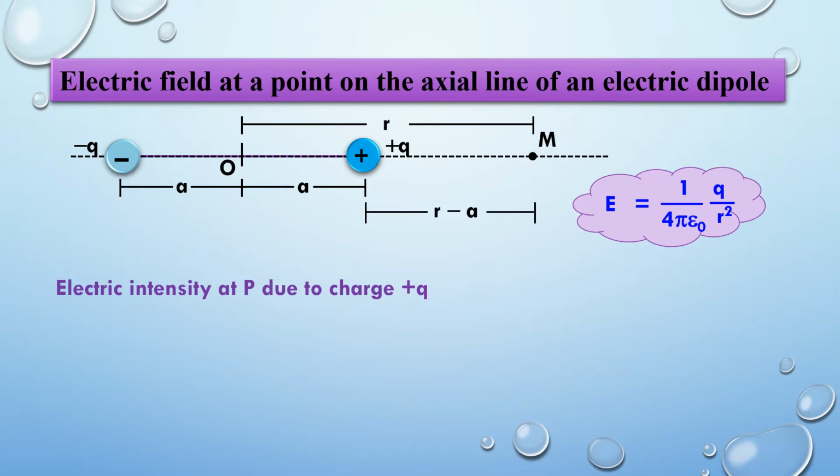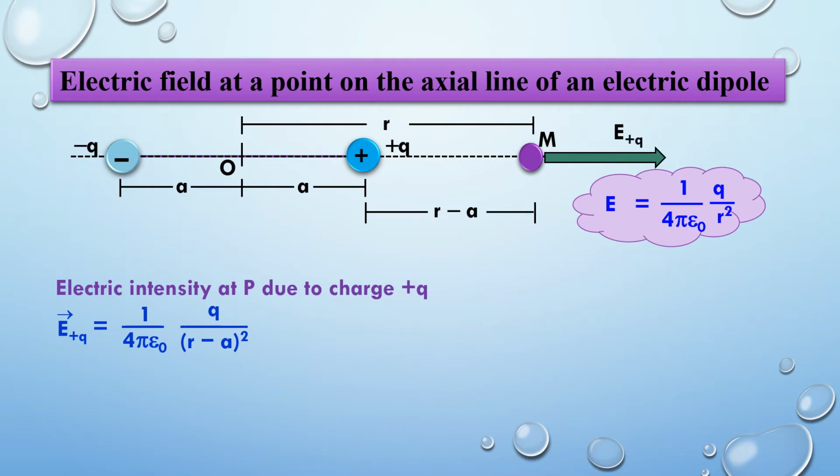The distance of that point from the positive charge is R minus A. Hence, the electric field due to the positive charge is 1 upon 4 pi epsilon naught Q upon (R minus A) the whole squared. The electric field at this point will be pointing outwards because the electric field due to positive charges is always moving outwards.